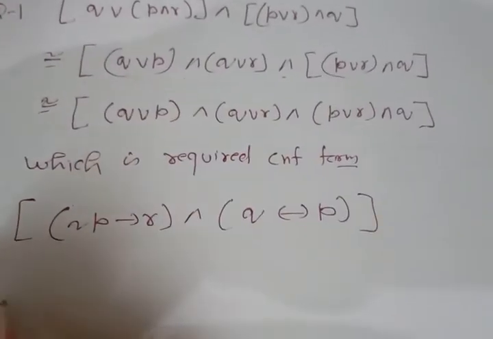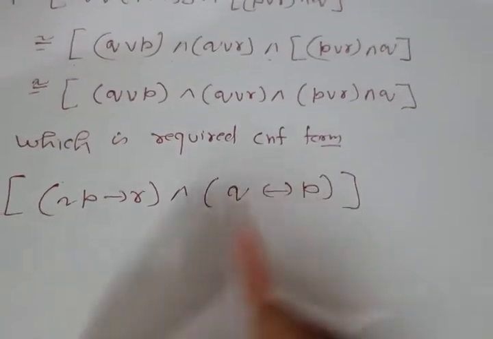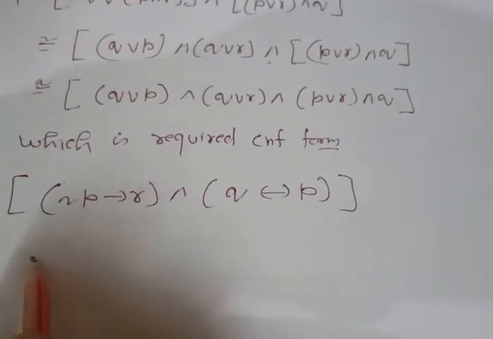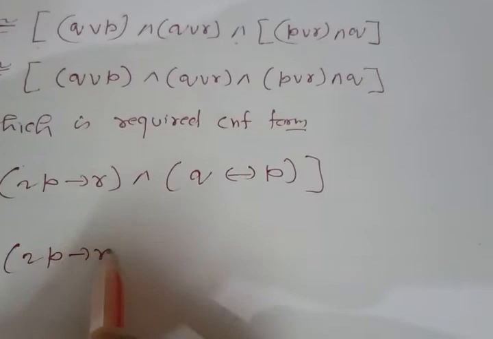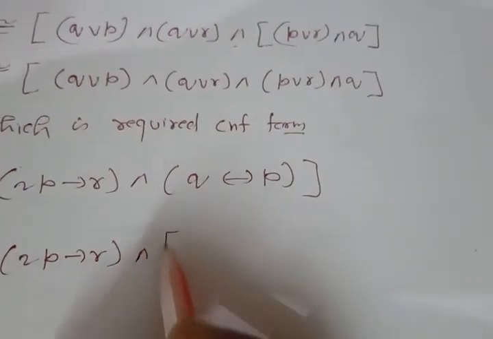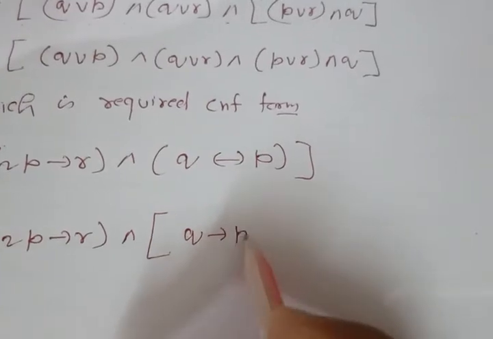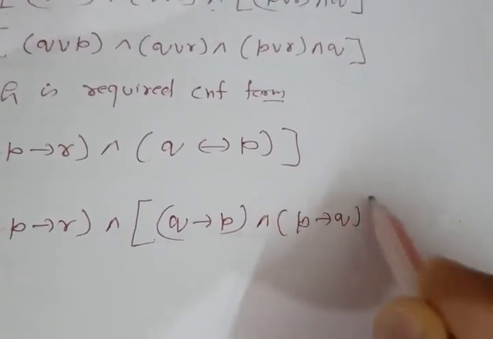Firstly we will simplify this by the conditional notation, and then this conditional notation as negation of P or R, conjunction, and this can be simplified by Q to P, conjunction P to Q.